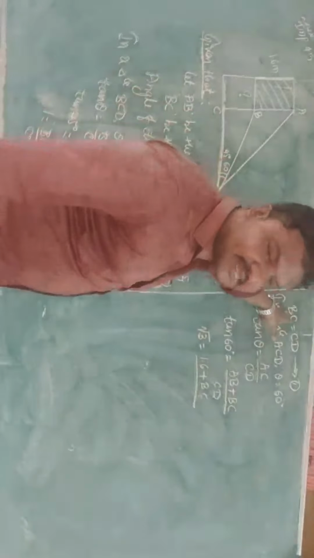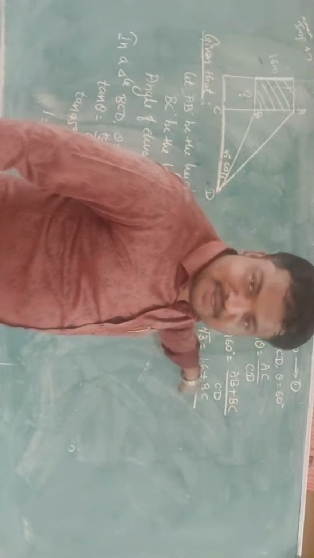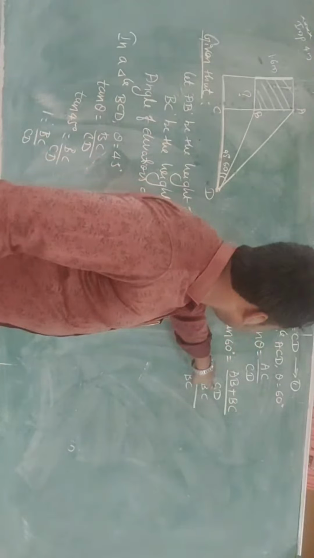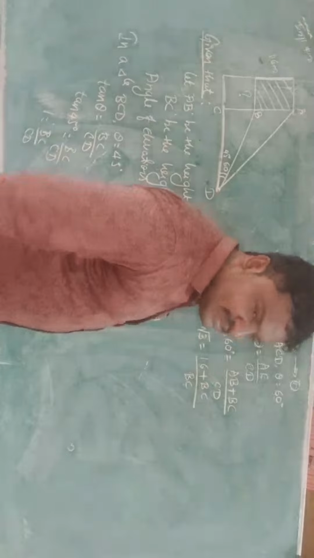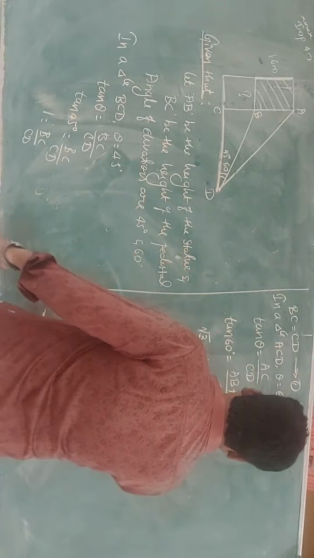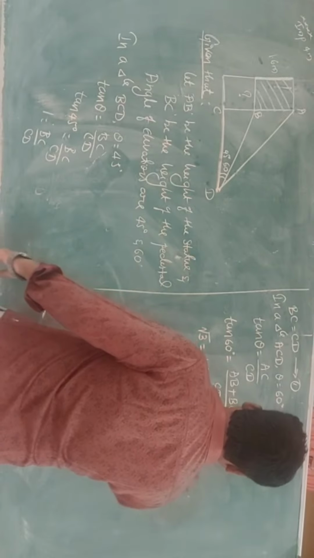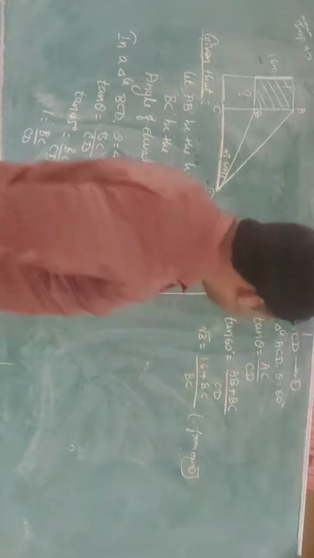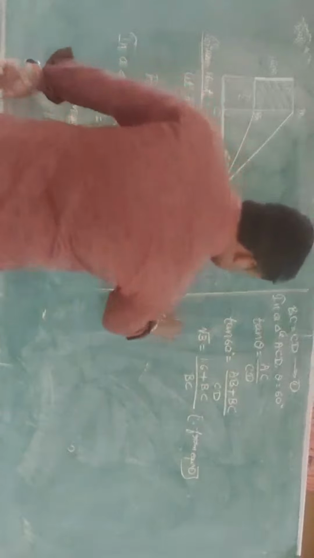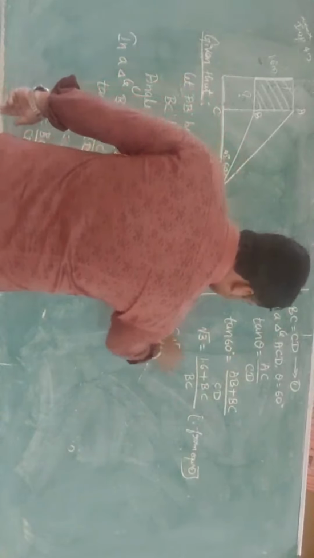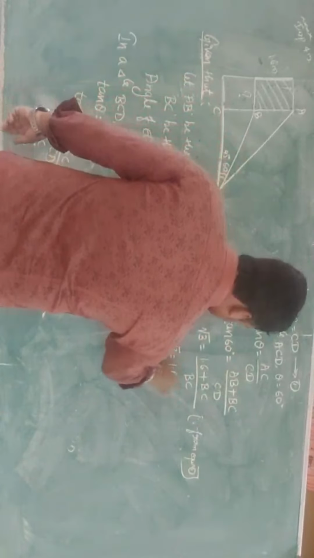CD I can write as BC, because the numerator is in BC form, from equation number 1. So now cross multiplication: BC into root 3 is equal to 1.6 plus BC.